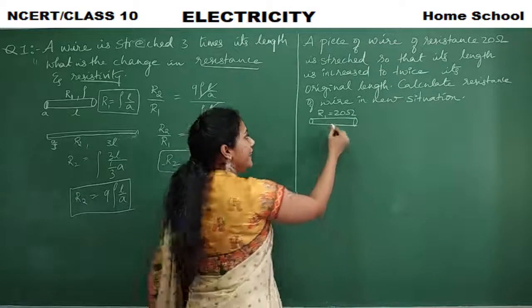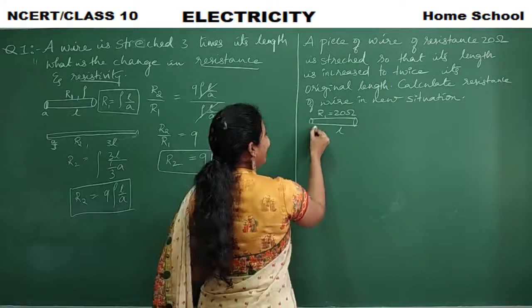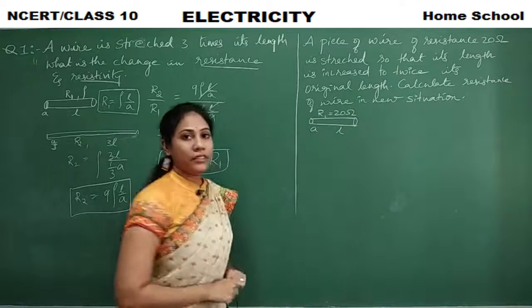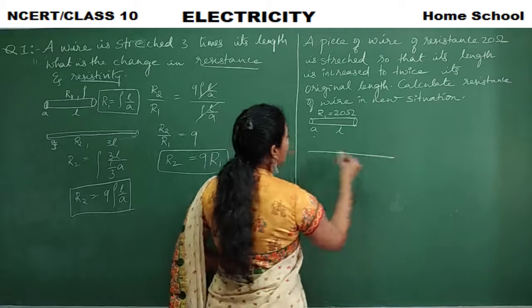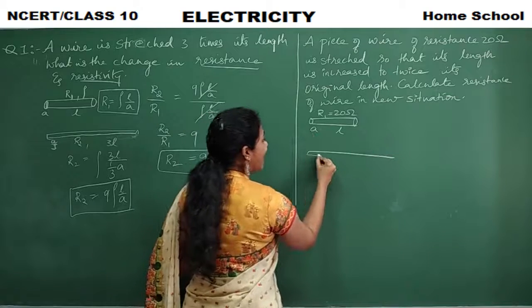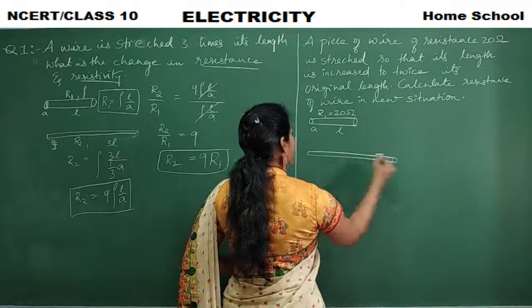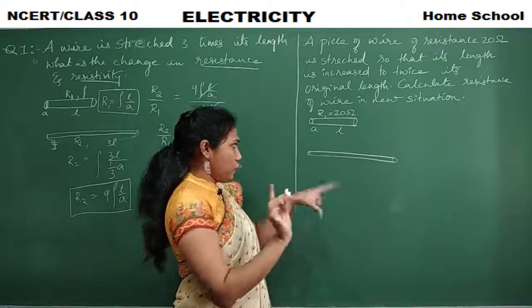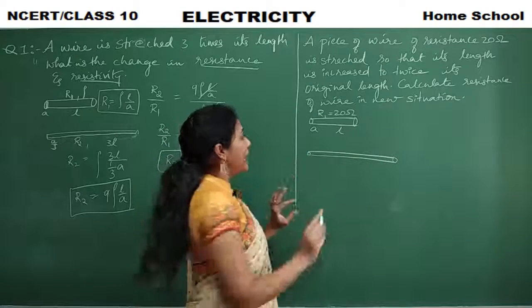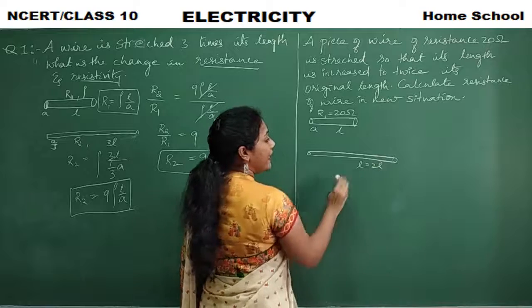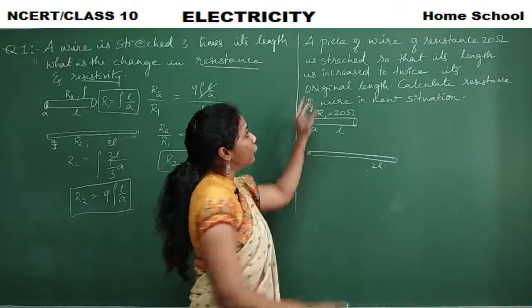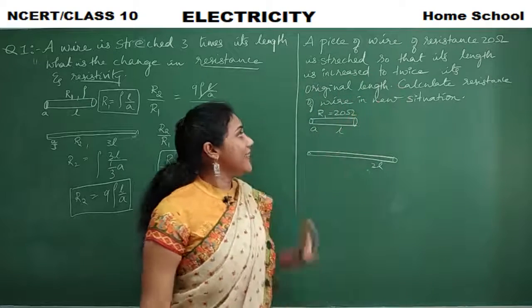Let the length of this wire be L, area A. This particular wire has been stretched so much that its length has become 2L.